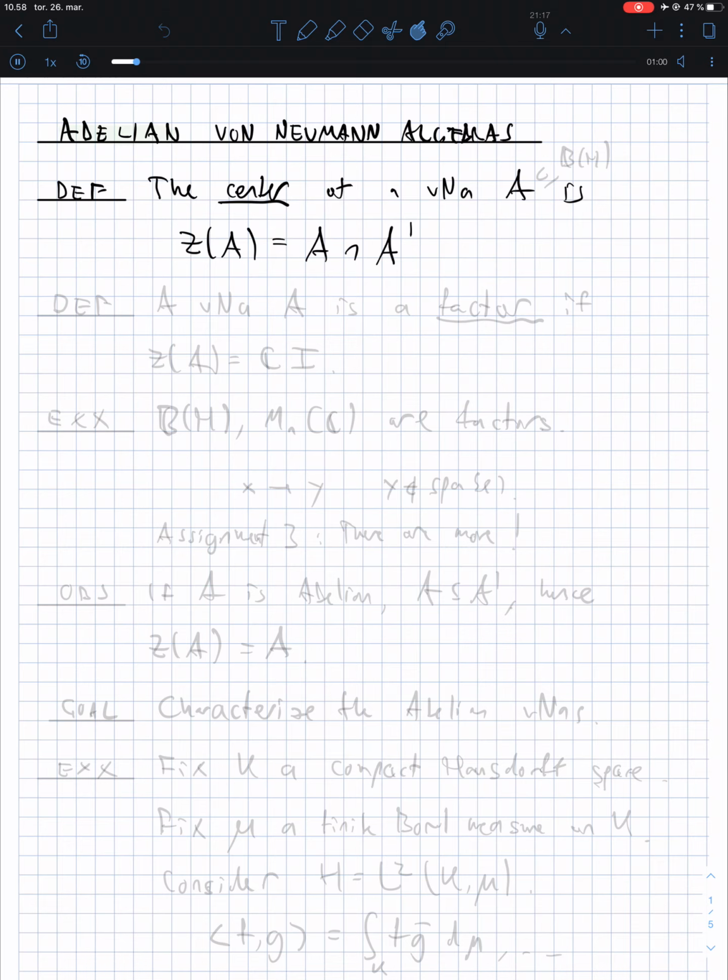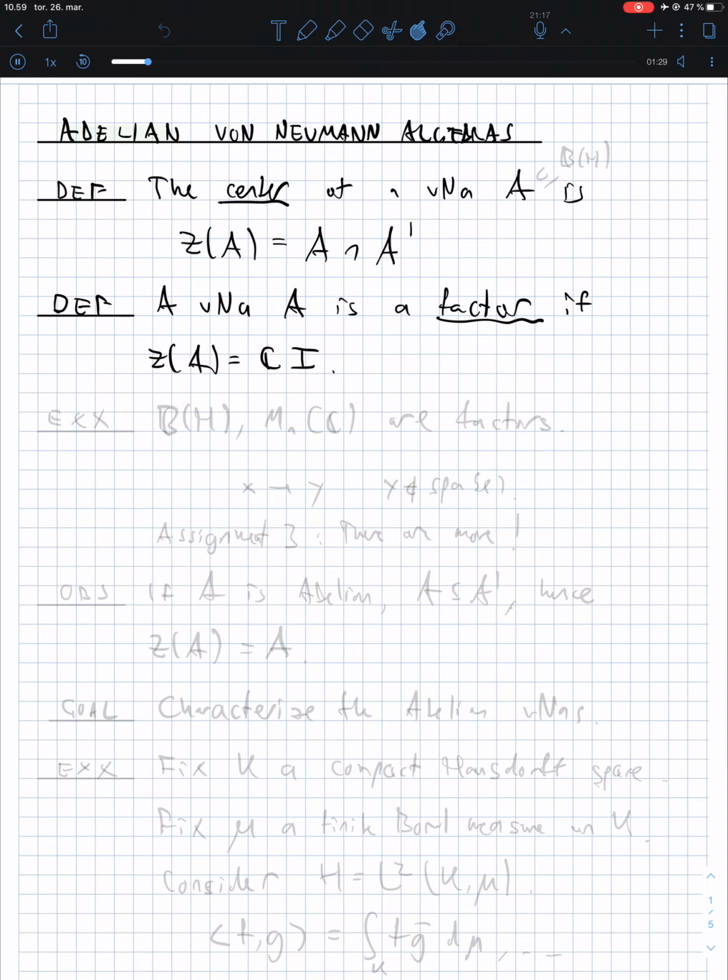And another definition is that a von Neumann algebra A is a factor if its center is just all the scalar multiples of the identity.